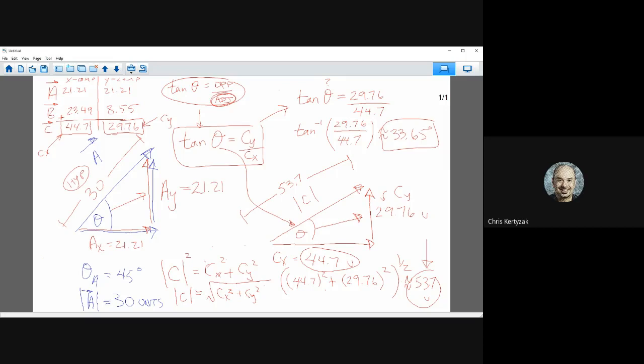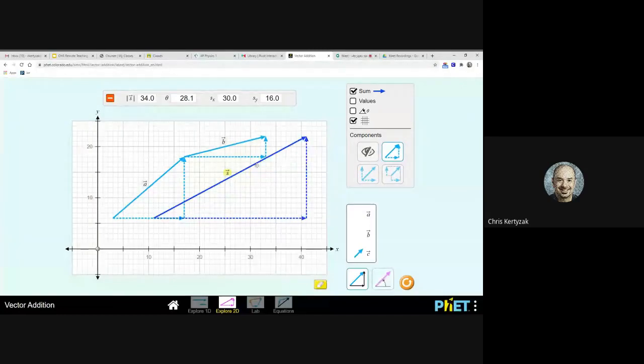So let me give you one last visual. I will jot those things down over here. One moment. 33.65 degrees was the direction, and the magnitude I said was 53.7. Okay. So had I done one last visualization here, the magnitude, which was 53.7 units long, is the length of this purple hypotenuse from here to here.